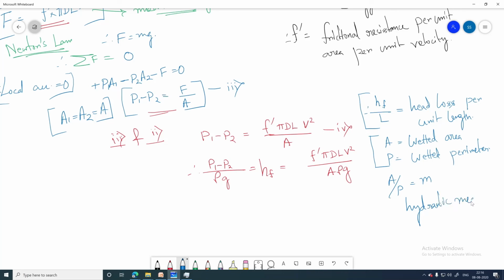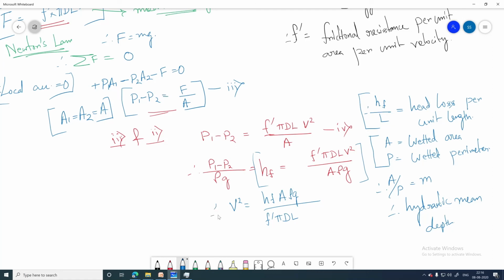This thing I have already discussed in open channel flow. So we just determine the value of V from this portion. What will be the value of V square? If you cross multiply, it is HF into A rho g by F dash pi d L.